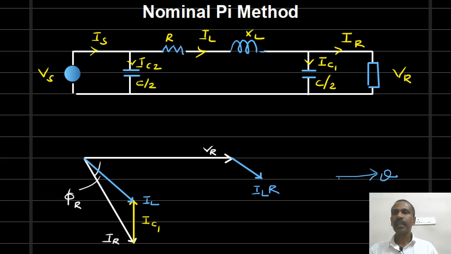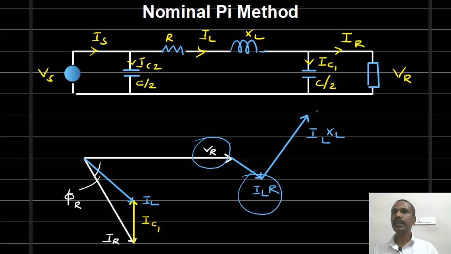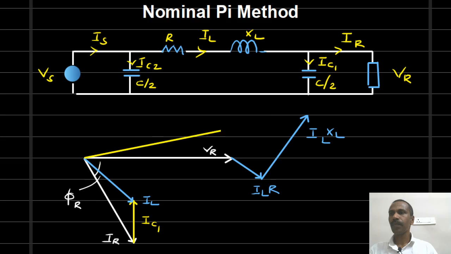The current through the inductor lags behind the voltage by 90 degrees, or I can say the voltage across the inductor leads the current by 90 degrees. So this is the drop in the inductor. It is IL into XL. Now VR plus IL into R plus IL into XL is equal to VS, the sending end voltage. So this is our sending end voltage VS.